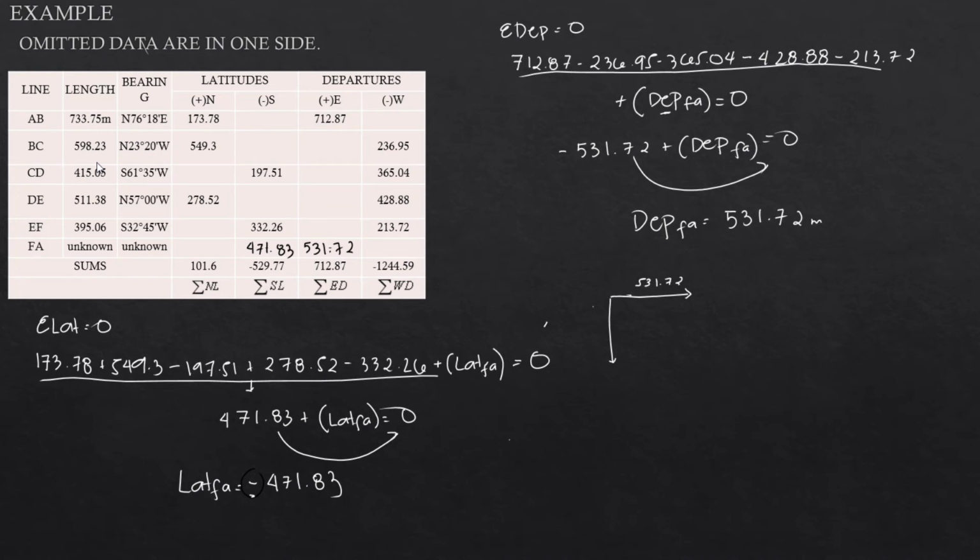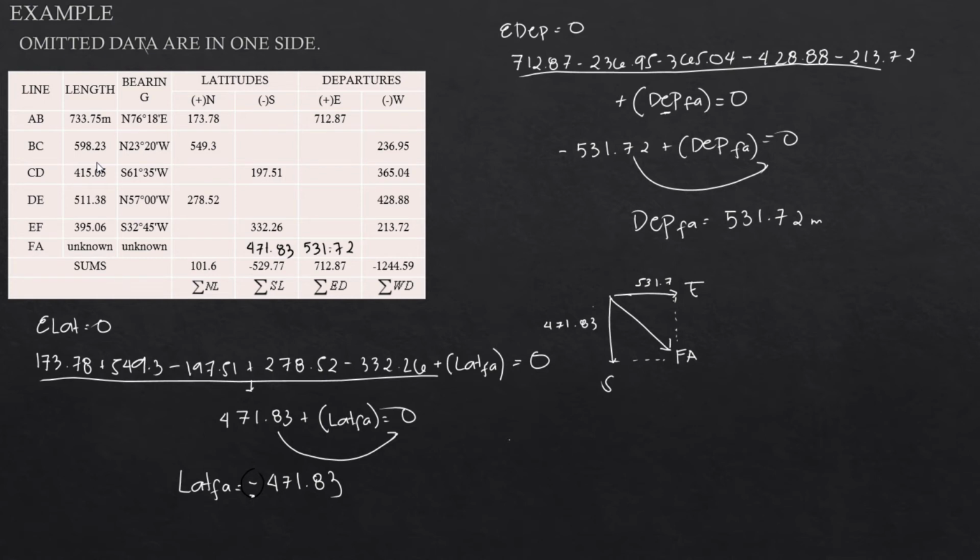Ito naman is 471.83. Then, pwede na natin makuha yung FA. Ito na siya. So, component. Ayan. So, dito is south, east. Okay. So, makuha natin yung FA.